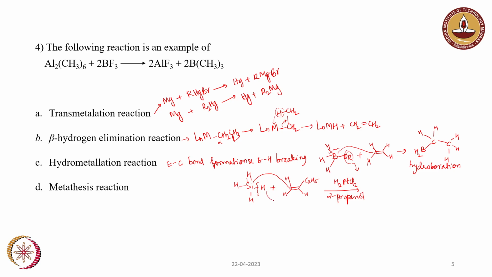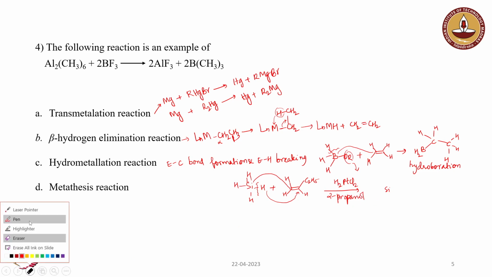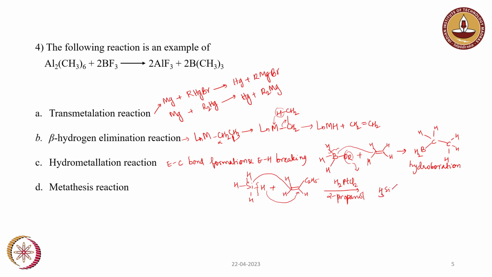This hydrogen is given to this carbon. So the product is SiH3-C with 2 hydrogens and C2H5 with 2 hydrogens. So this is hydrosilylation.